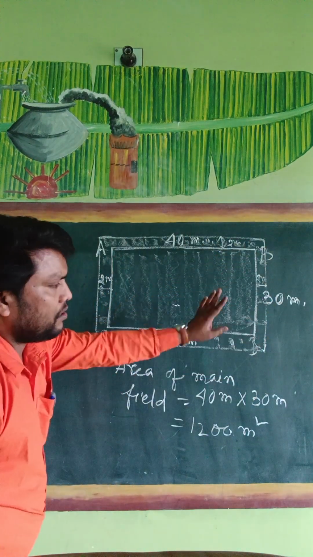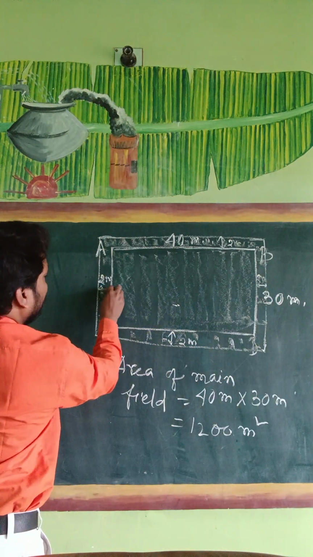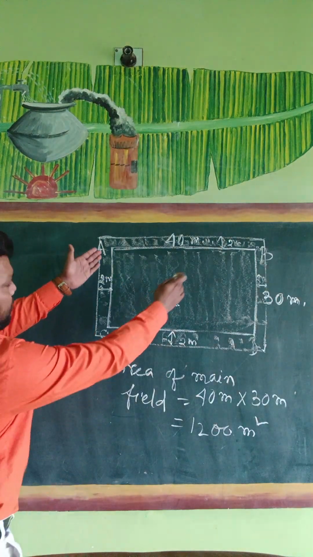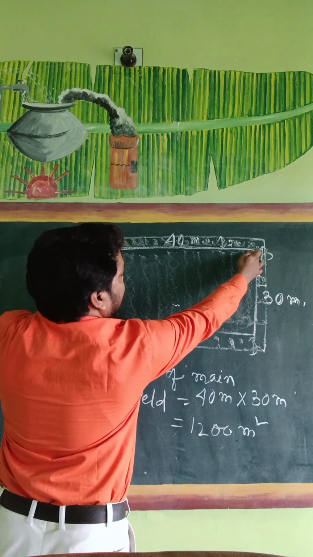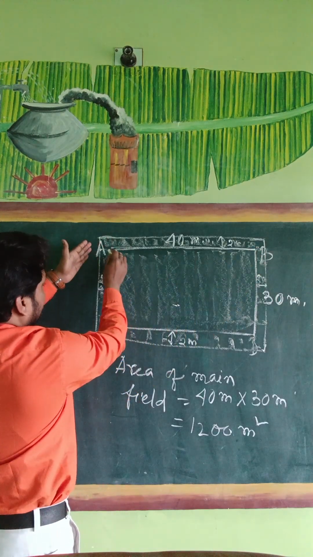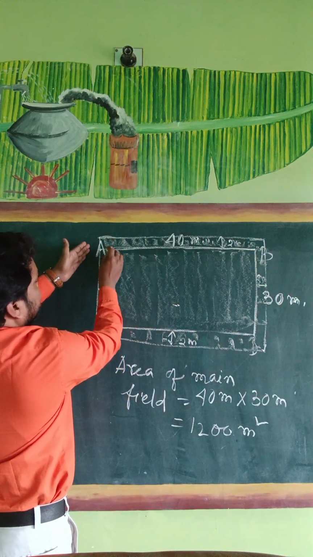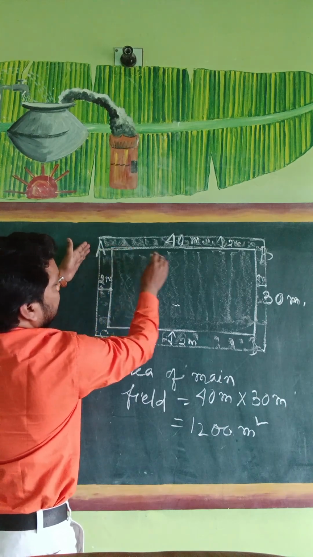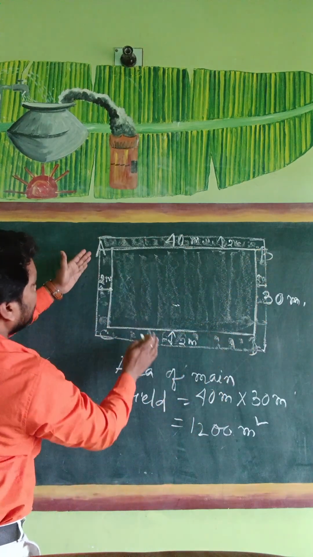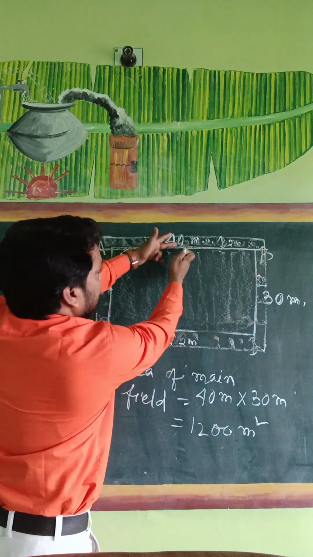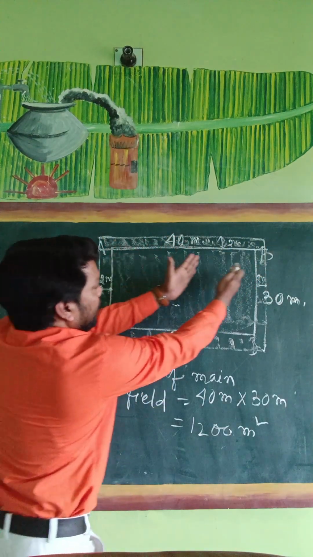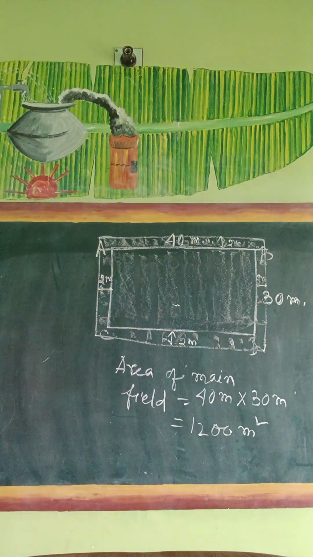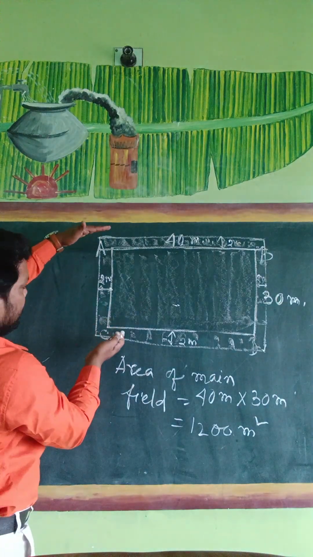But outside the field there is a path of width 2 meter. Look very carefully. The length is 40 meter, and when you include the path and measure, the length increases by 2 meter and 2 meter also.